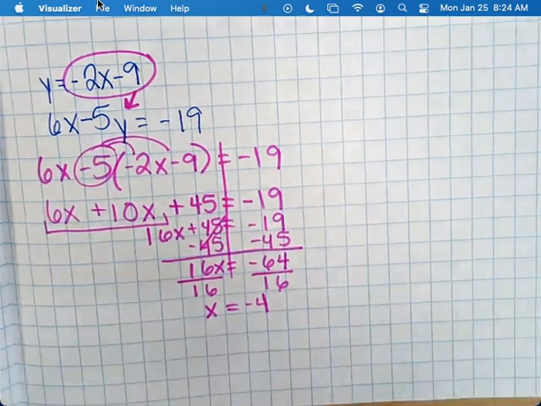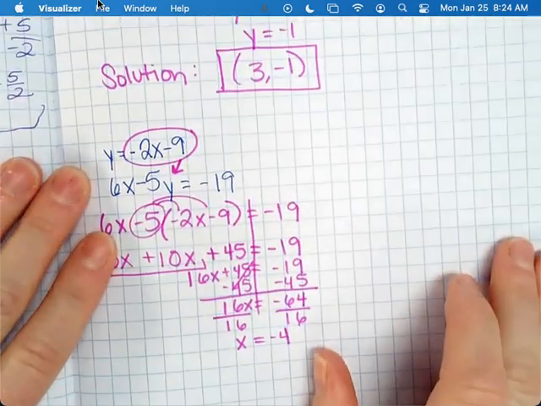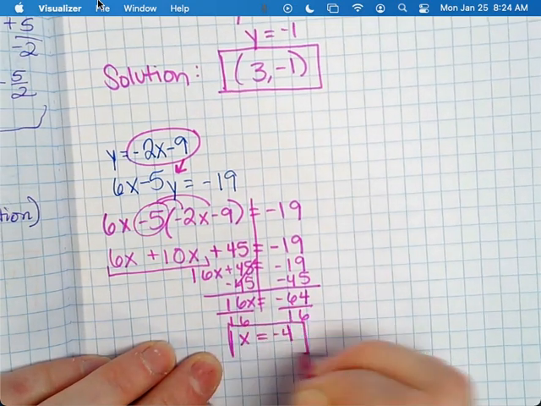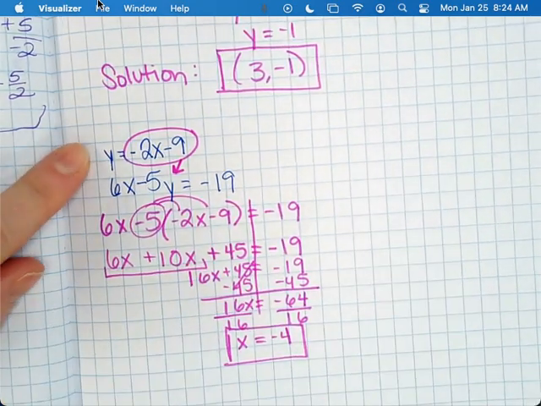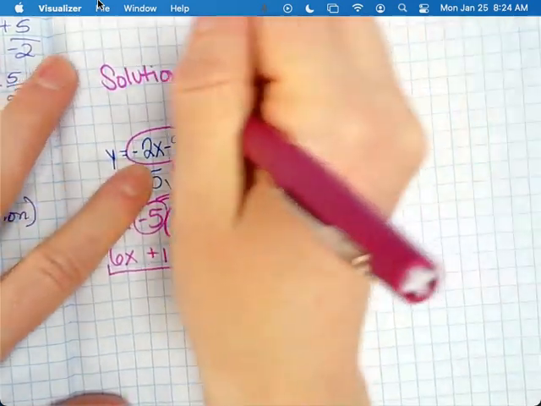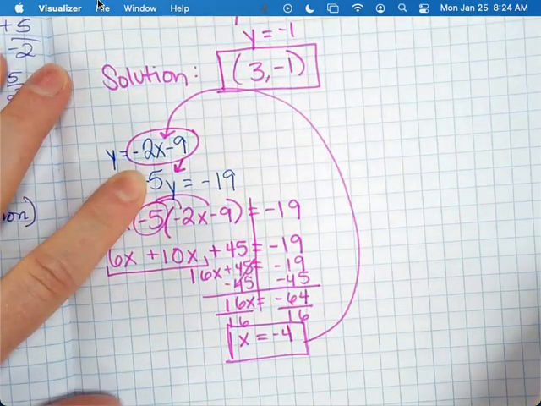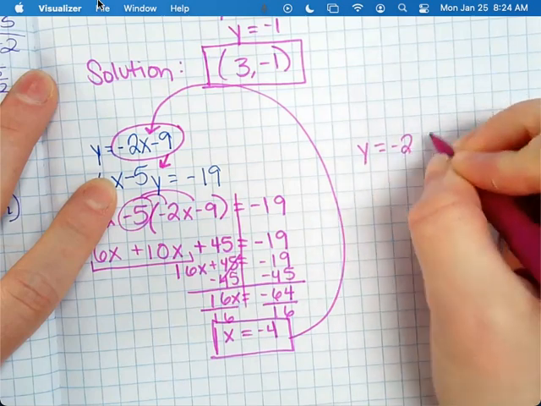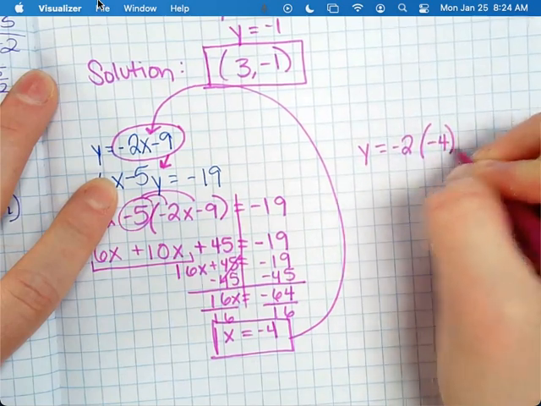Okay, now that we have the x value, where do I plug in this x value? Where the x is. So it's y equals -2 times the -4 minus 9.